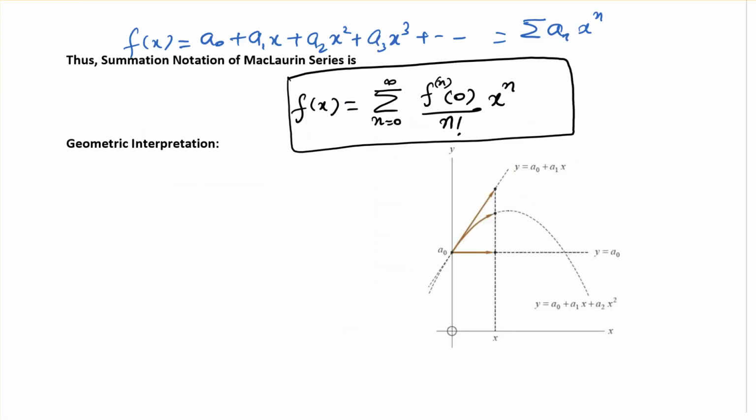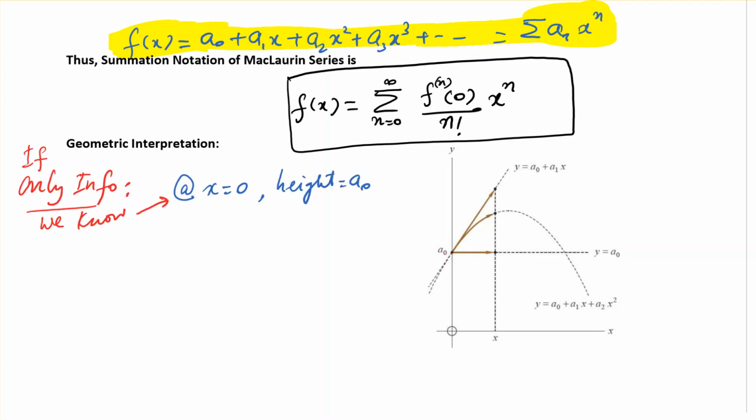So what does this all mean? What do all the terms of the Maclaurin series tell us? I'll discuss the geometric interpretation briefly. Let's say we want to estimate the height of a function at some point x, and the only information that we know about the function is that at x equal to 0, the height is a naught.